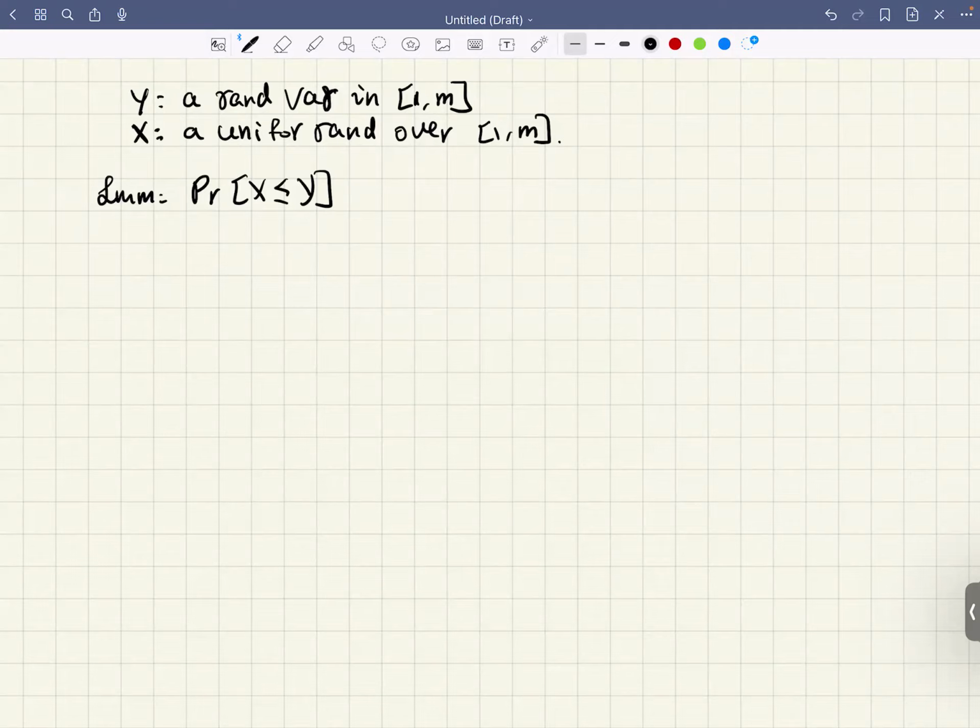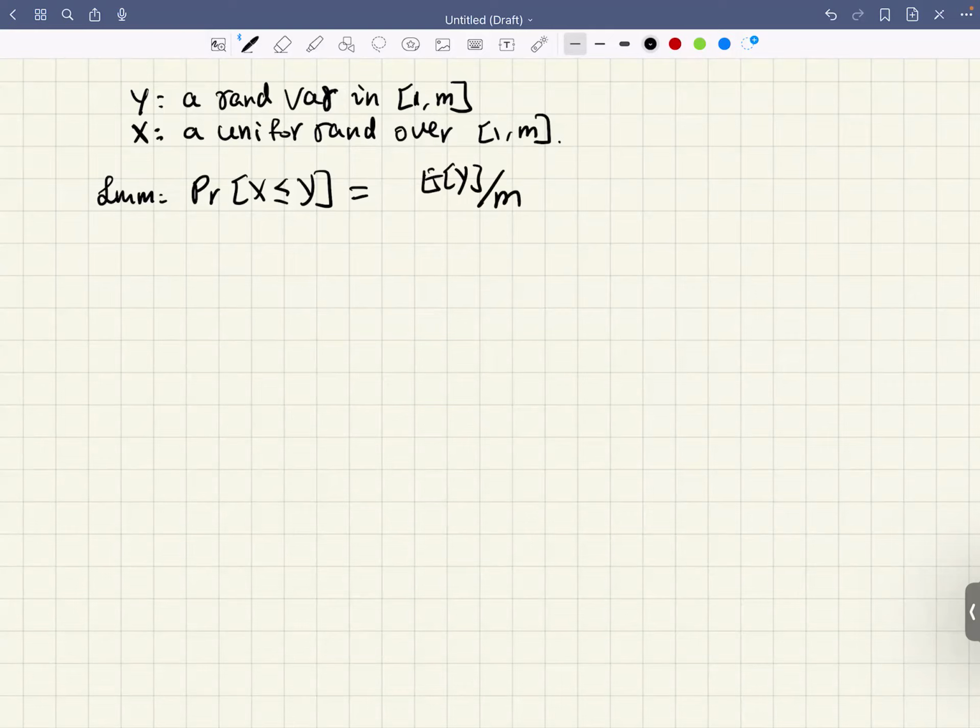Let's say Y is just a fixed value between 1 and M, then what is the probability? Everybody would say, hey, that's just Y over M. That's very easy. But the tricky thing is Y is not fixed. So what would be the probability here? It's a little bit unusual. Well, it turns out that you can prove this is the expectation of Y divided by M.